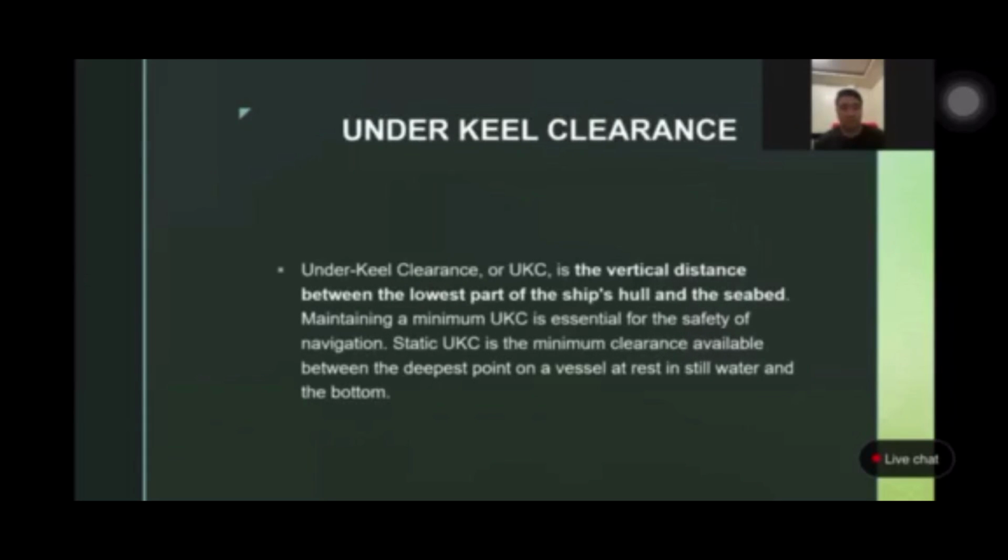Next is underkeel clearance. Underkeel clearance, or UKC, is the vertical distance between the lowest part of the ship's hull and the seabed. Maintaining a minimum UKC is essential for the safety of navigation. Static UKC is the minimum clearance available between the deepest point on a vessel at rest in still water and the bottom.